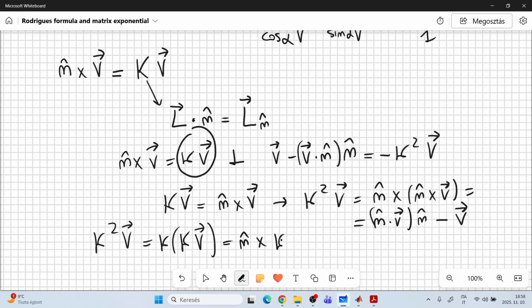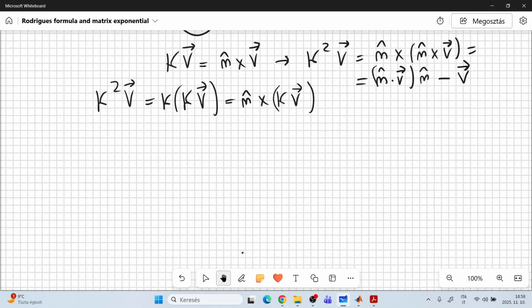So it can also be written in this form. And when we write such a vector, it means that the resulting vector will be perpendicular to n, right? And also to this one here. So k squared v, which is this one as well, will be perpendicular to both kv and also n.